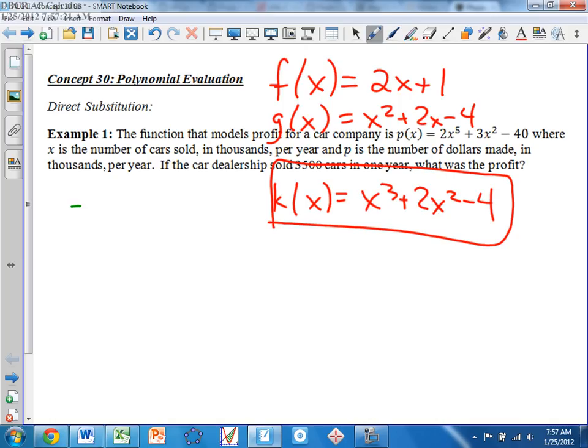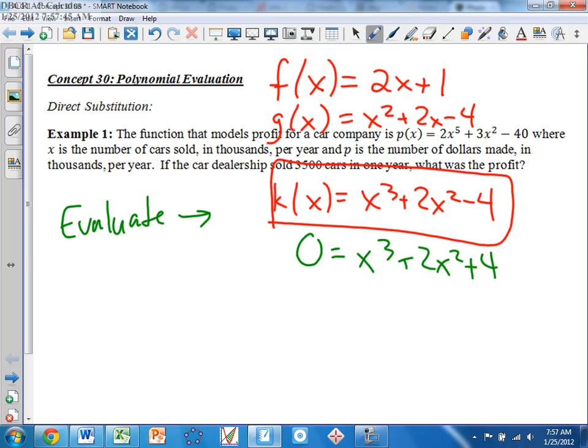When you think about the word evaluate, think about plugging in the x value. That's all you're doing. That's what evaluate always means. You're plugging in values and getting an overall expression, but you're not solving for a variable. If we set this equal to 0 and solve for x, we're finding the roots. That's solving for a variable.